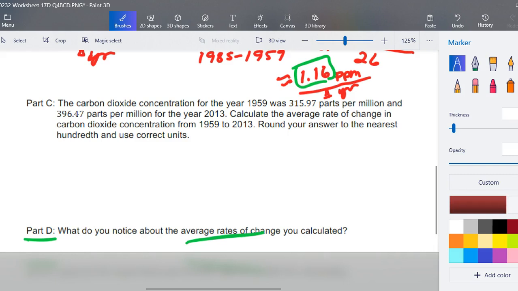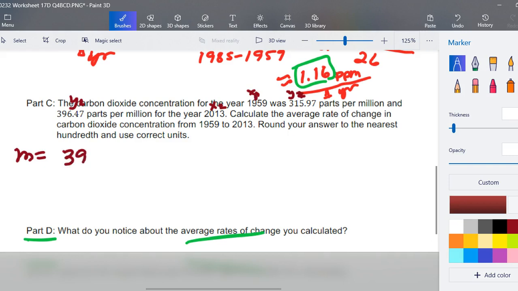So finally, part C says, here's another year, here is another carbon dioxide reading, here is another year, and here is another carbon dioxide reading. So we're going to calculate our slope as, that needs to say Y1, and X1.